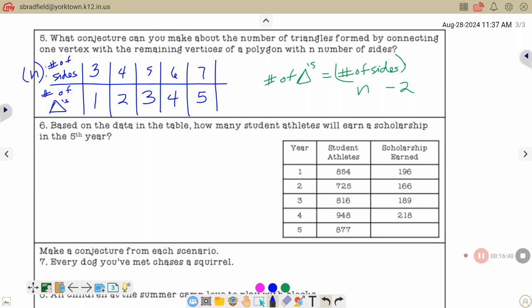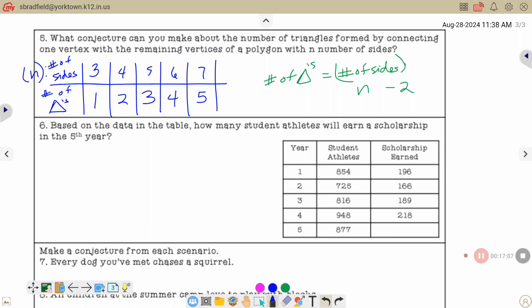Because the number of students change compared to the number of scholarships earned, the thing that would be consistent would be a percentage. A percentage would be consistent. We could have a small pool or we could have a large pool and still apply the same percentage to each, right? Okay, so let's look at it like a percentage.